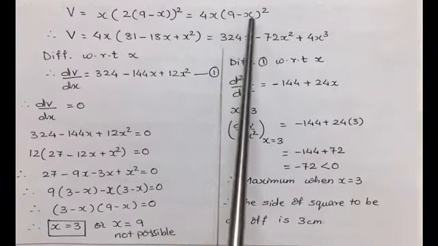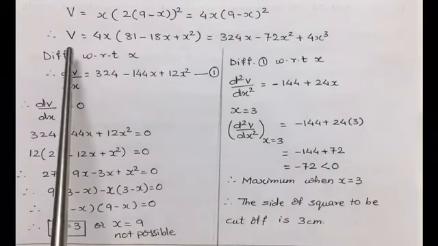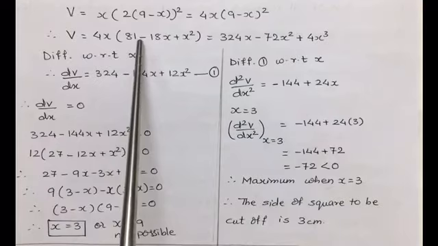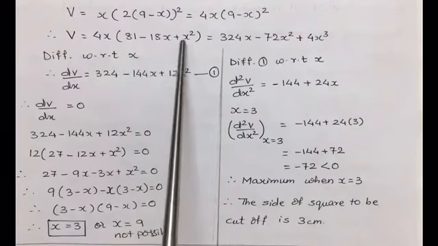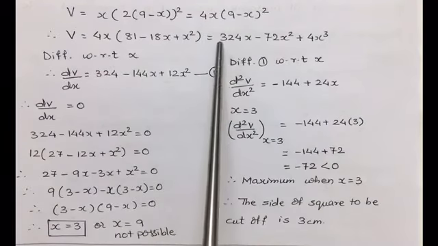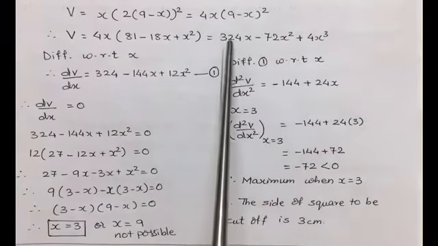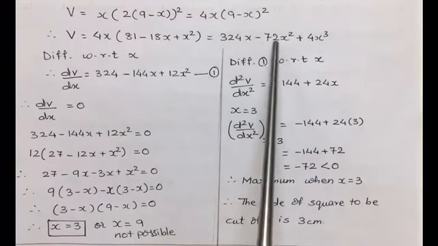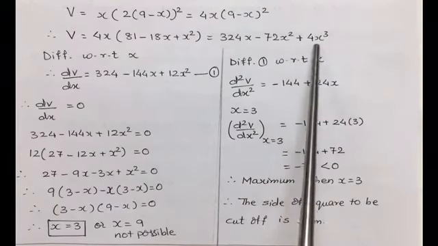Now using the (a minus b) whole square formula, we get V is equal to 4x into (81 minus 18x plus x square). Multiplying 4x inside, the final function of V, that is volume, becomes 324x minus 72x square plus 4x cube.